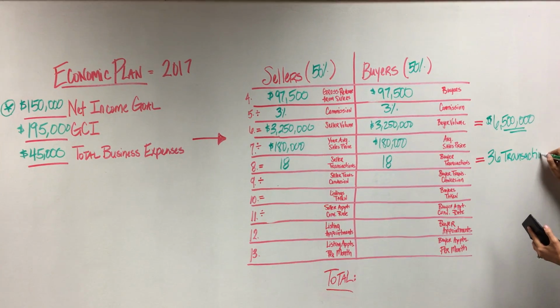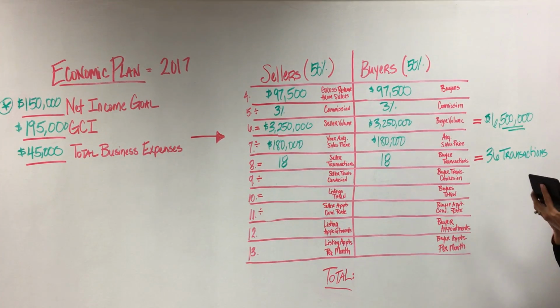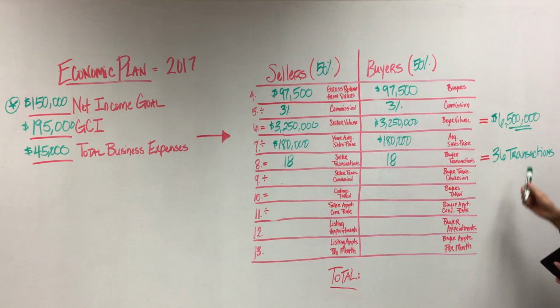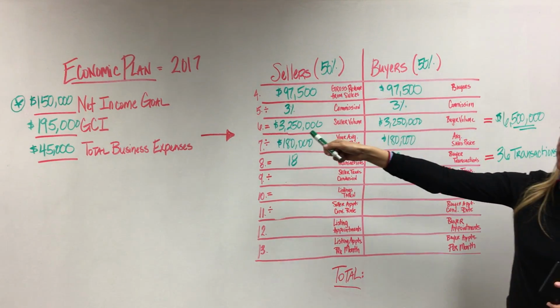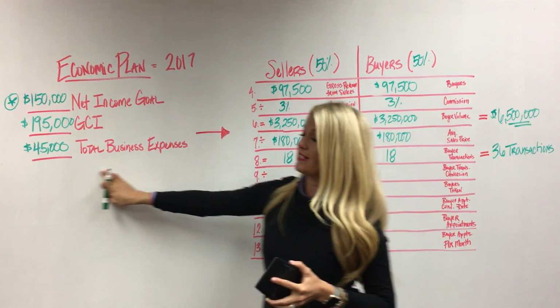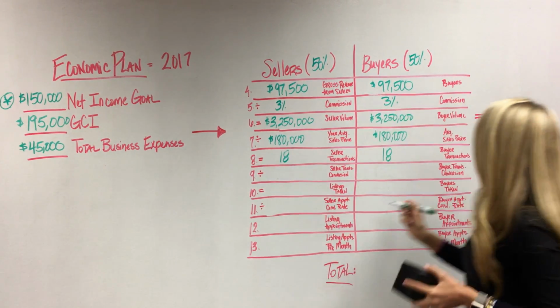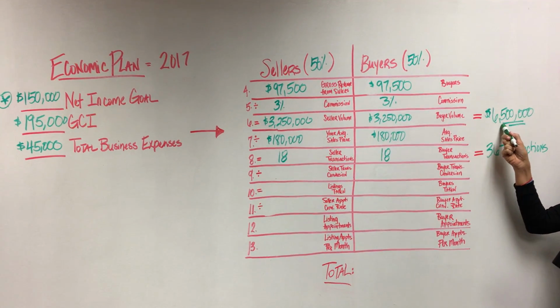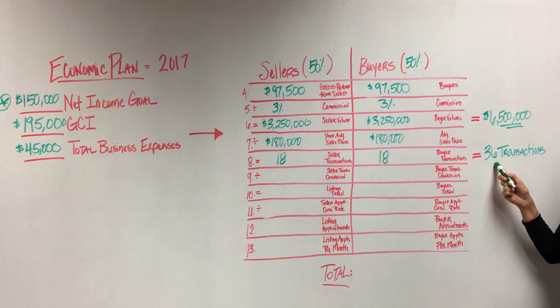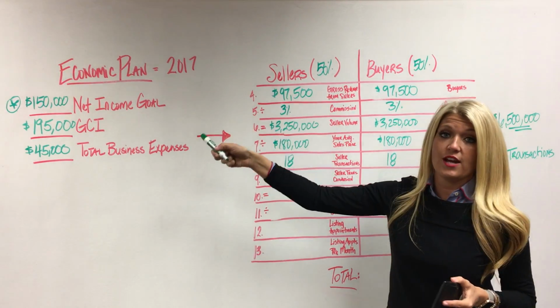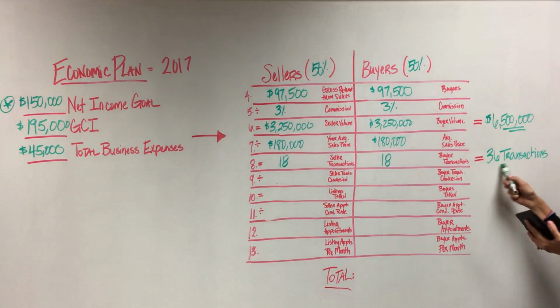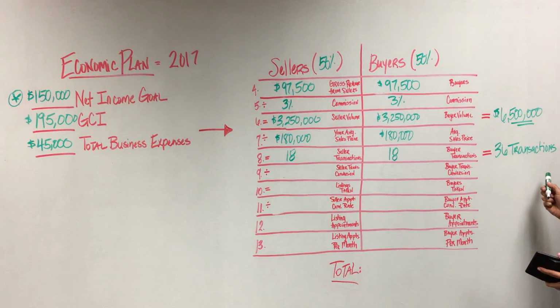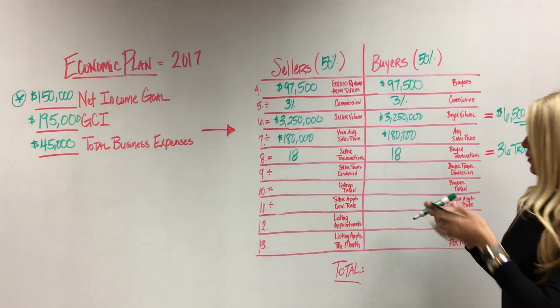So this gives you a really good basis of goals. If you're wanting to net $150,000 and you keep your business expenses right around 30%, which is what you should do, then that's going to put you at $6.5 million in 36 transactions. Now remember, if your goal is to net $300,000, then you're just going to double that, and that would be 72 transactions and $13 million. So you can kind of work with those numbers.